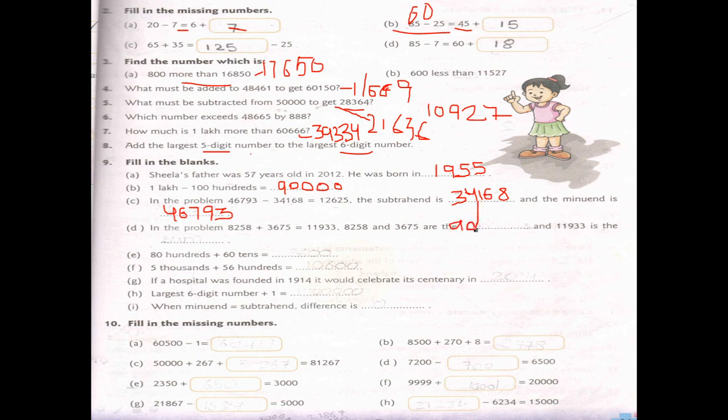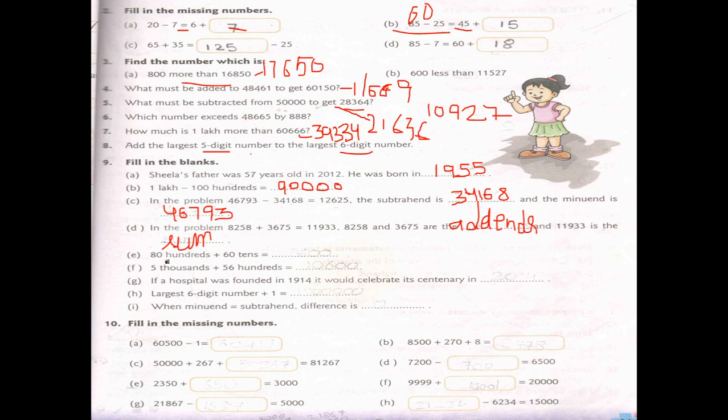So write it here, addends, A, D, D, E, N, D, S, addends. And 11,933, this is your sum. That one is sum, S, U, M, sum.